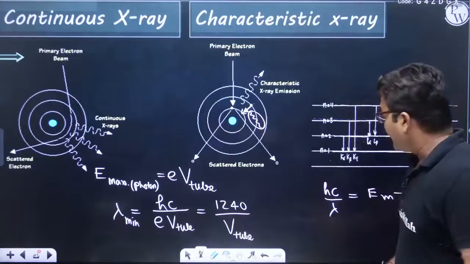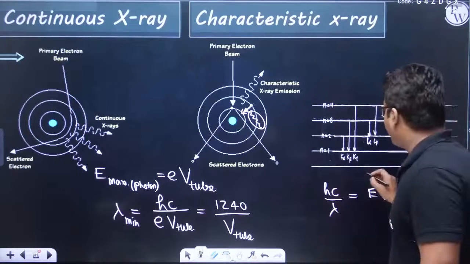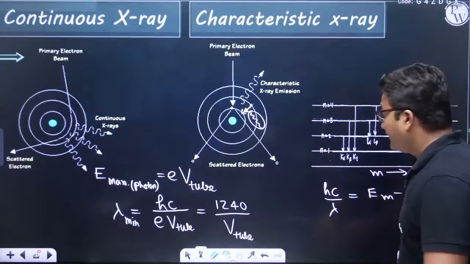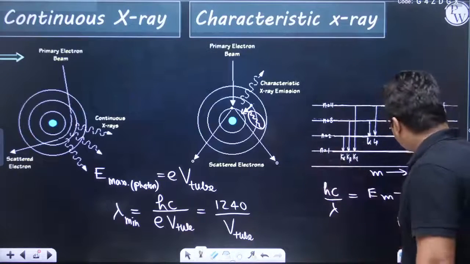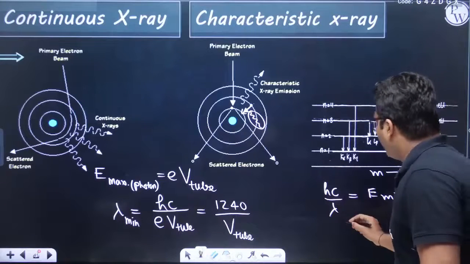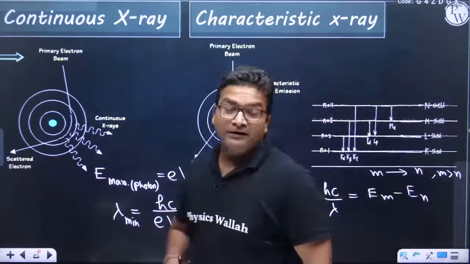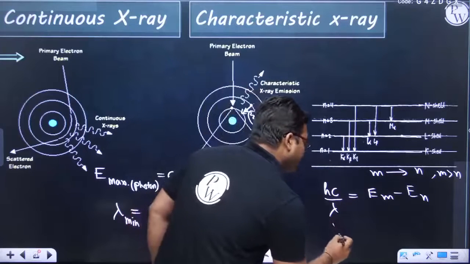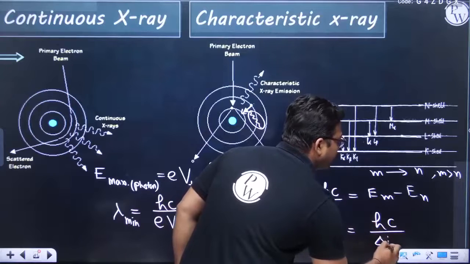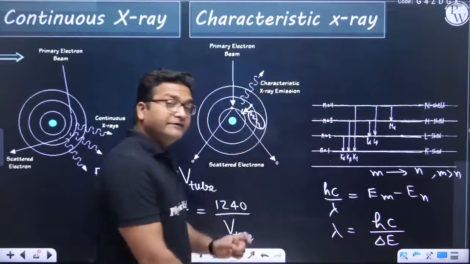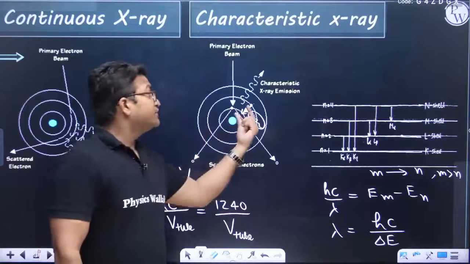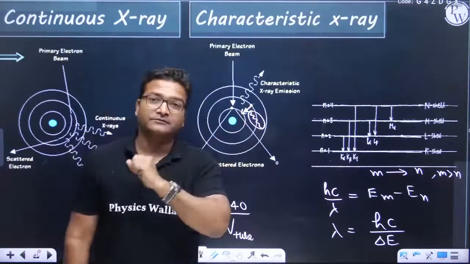So we can say the electron is jumping from m to n, means from a higher energy orbit to a low energy orbit. So m is more than n. Okay. So from here you can say the wavelength of characteristic X-rays is equal to hc divided by delta E, where delta E is the energy difference of two shells of the target atom.